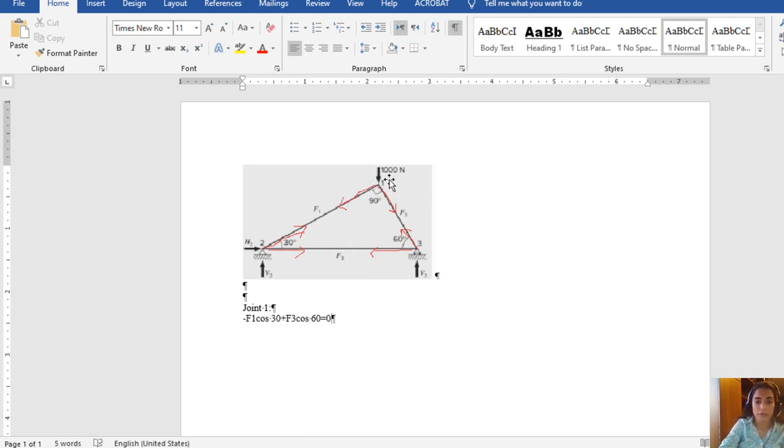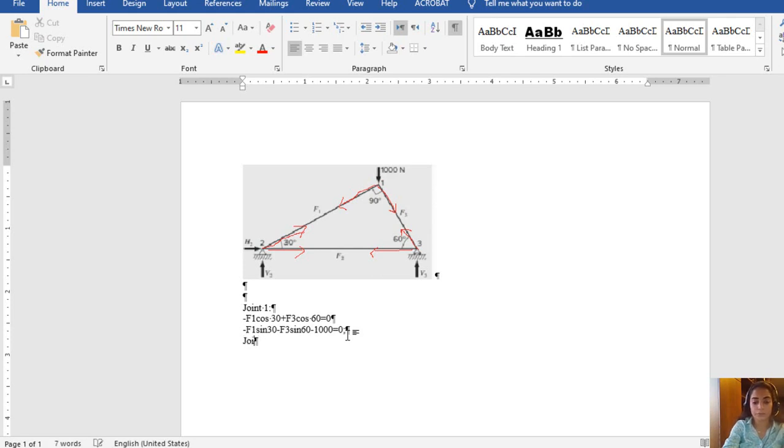This angle here is 30, this angle here is 60, right? Now, in Y, I should have minus F1 sine 30 minus F3 sine 60 minus 1000 is equal to 0. So this is joint 1.